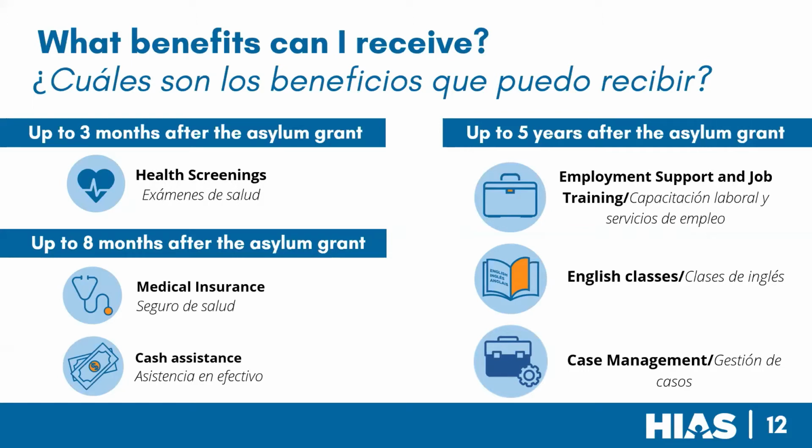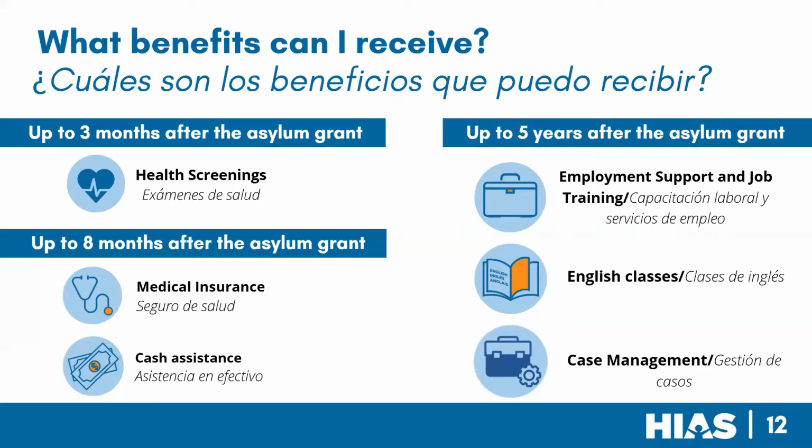Now, another pretty large benefit offered to eligible asylees is refugee cash assistance, which is available only up to 8 months after your asylum grant for those who received asylum before October 1st, 2021, or up to 12 months after your asylum grant for those who received asylum on or after October 1st, 2021. So for many of you, you may fit into that 12-month period.